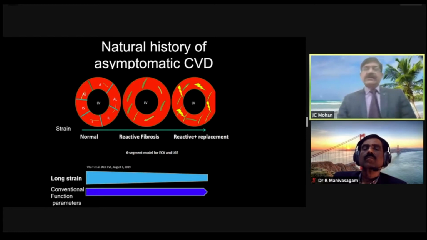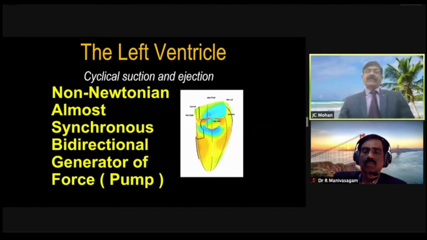You call it expansion of extracellular volume. Here the strain would fall, but the ejection fraction would remain the same. And at the end of the spectrum, you see not only reactive fibrosis, but also replacement fibrosis. And there, strain is already significantly less, although conventional functional parameters have now started decreasing to some extent.